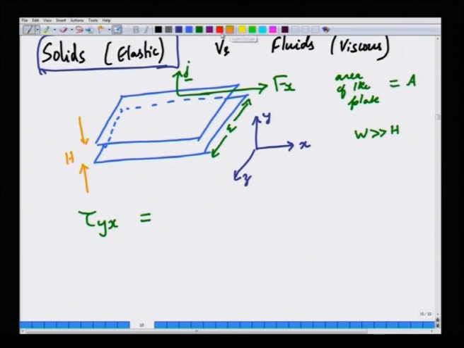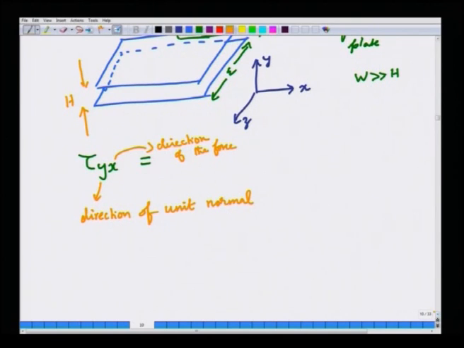So, as per our convention, okay, this is the direction of the unit normal to the surface over which the stress is acting. This is the direction of the force. So, this is the stress acting on the top surface, okay, in the x direction, the force per unit area. So, this tau x y is nothing but is equal to F x by A.